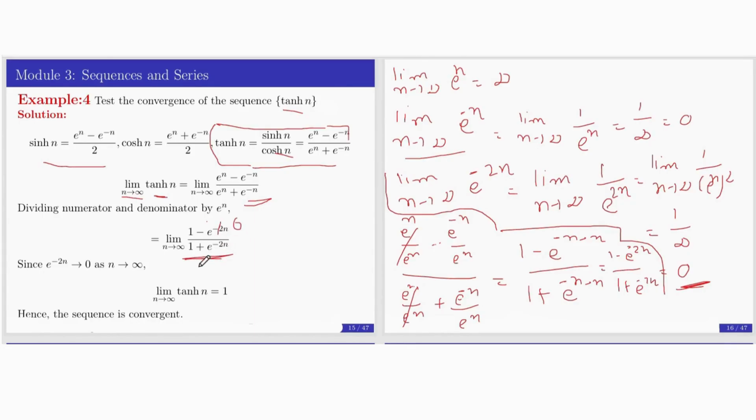So 1 minus 0 upon 1 plus 0, and the answer is 1. So we conclude that the given sequence tanh n is a convergent sequence because we get a finite value, and it converges to 1. This is the example for tanh n. You can also solve for sinh n as well as cosh n. You can do these two examples, and tell me what the answer is.